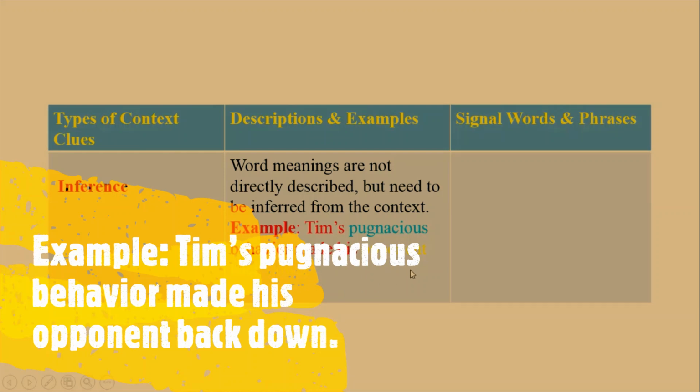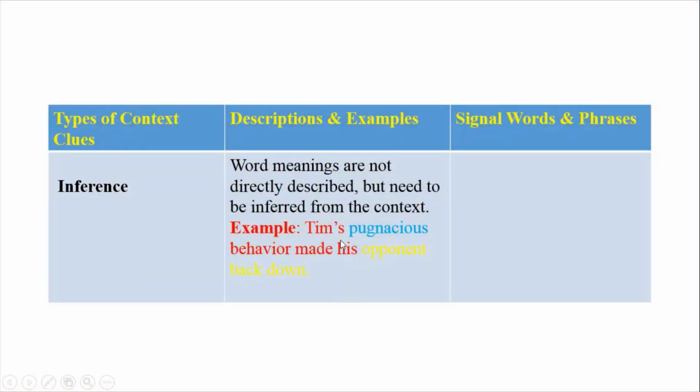So from "opponent back down", from the context of this sentence, we can understand the meaning of pugnacious. Because of his pugnacious behavior, the opponent backed down, it means strong, very solid, or very competent. So we can understand the meaning of this word from the context.